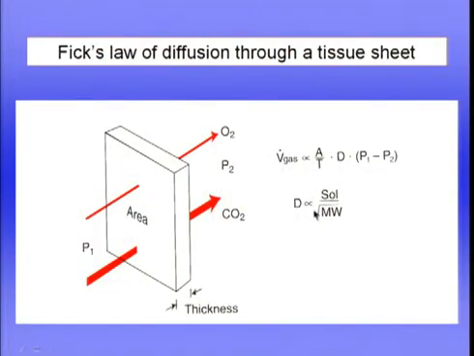And the upshot is that the diffusivity is about 20 times greater for CO2 than it is for oxygen. So we generally believe that diffusion through tissues is going to be much less of a problem for carbon dioxide than it is for oxygen.